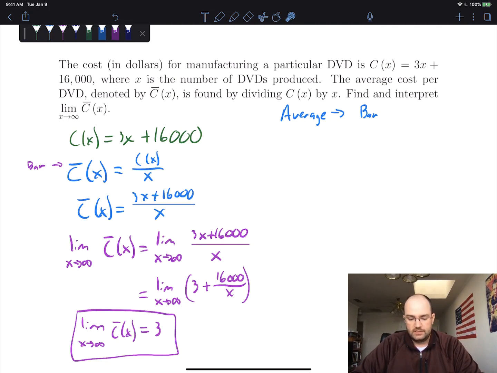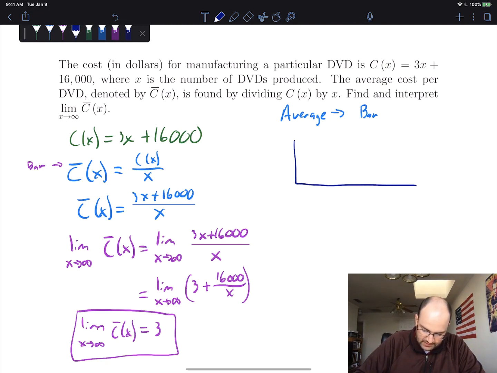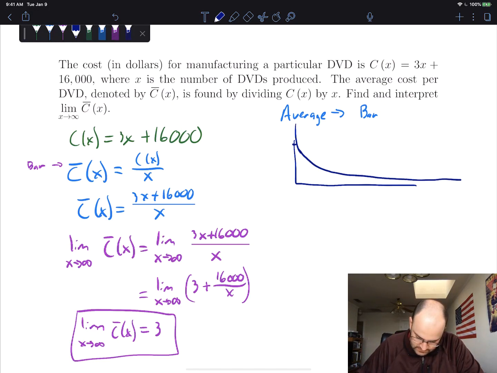In other words, it's going to start out with a high value. It'll look something like this at least. It'll start up here, and there'll be an asymptote there, but the actual function itself will look like this, approaching the horizontal line there. And that horizontal line will be the horizontal asymptote of y equals 3.